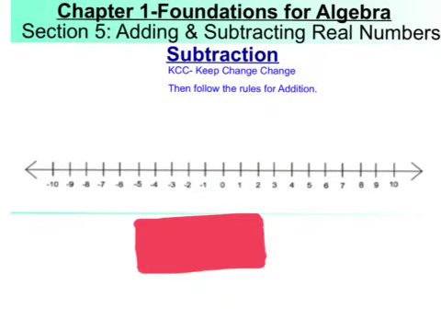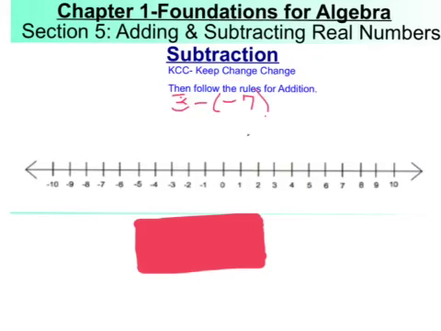Now here we should have drawn and cut out a subtraction symbol. And underneath the subtraction symbol, KCC, keep, change, change, and then follow the rules for addition. So let's do an example here. Let's say we have 3 minus negative 7.